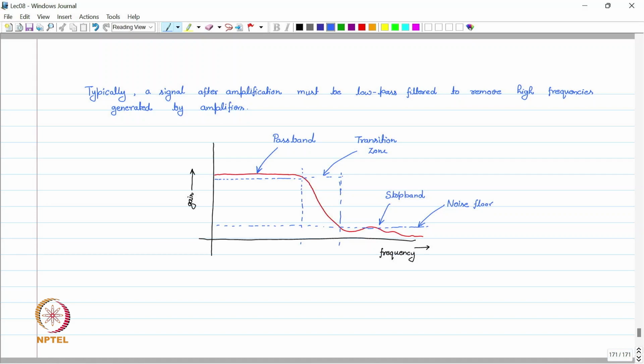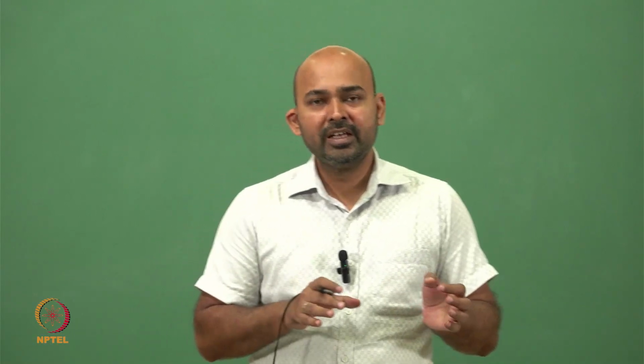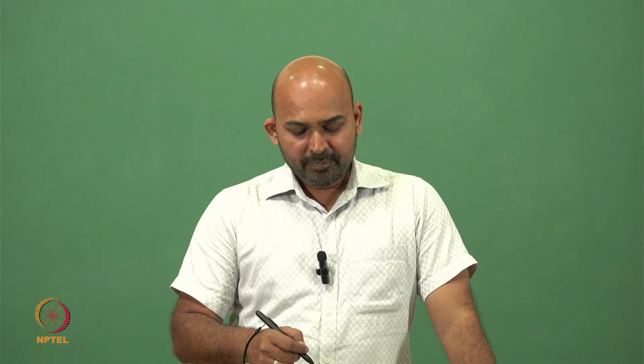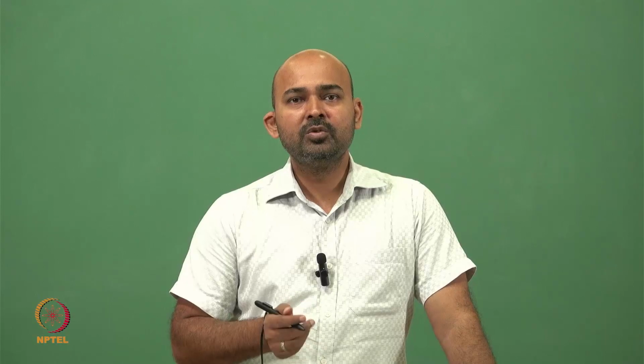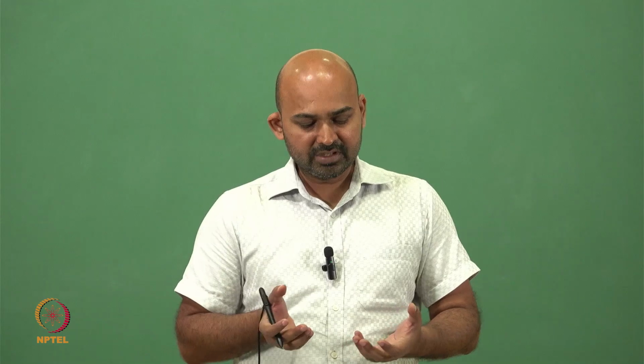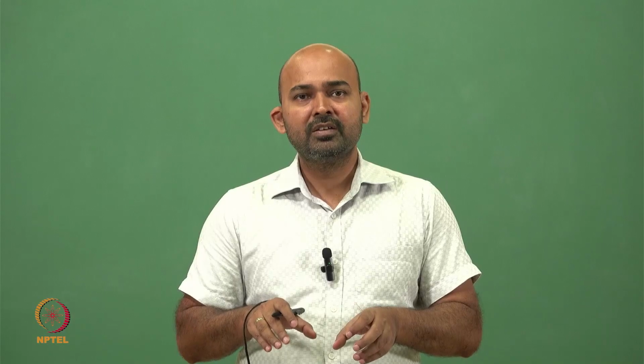So this is a typical frequency response of a low pass filter. We are discussing here the low pass filter, which as the name says, means the low frequencies applied to this filter will pass through, and the high frequencies will be cut down. So we are applying a low pass function to our data because the noise we are assuming is high frequency, which is generated by the amplifier. So this high frequency noise we want to filter out using this filter.